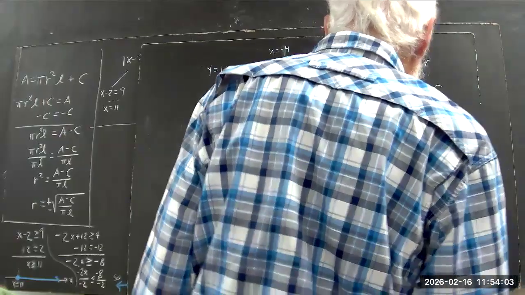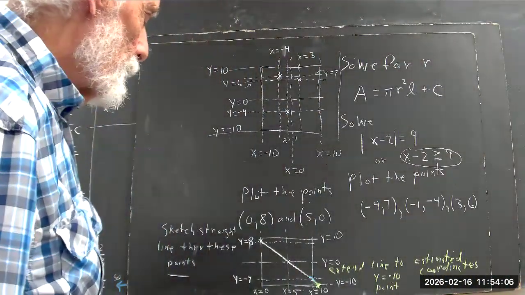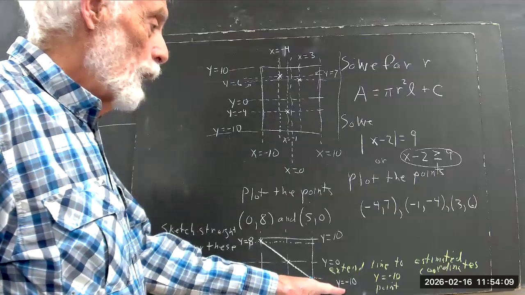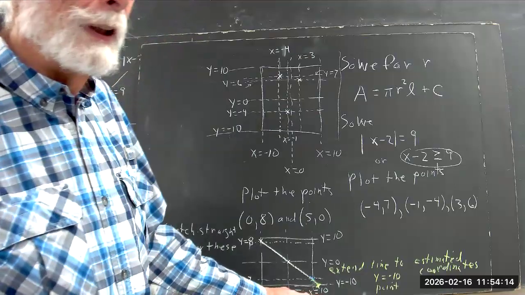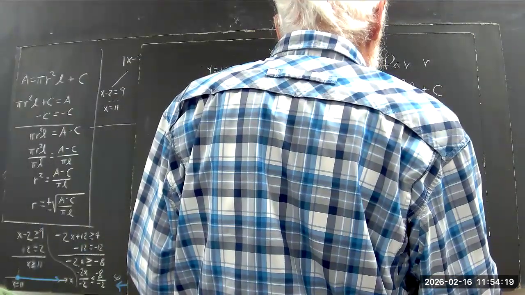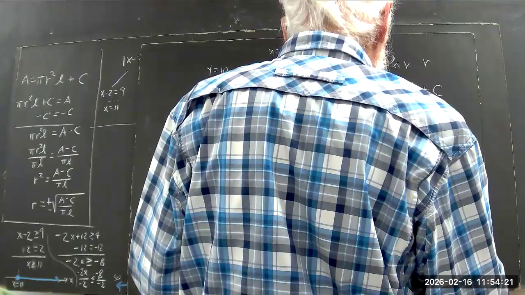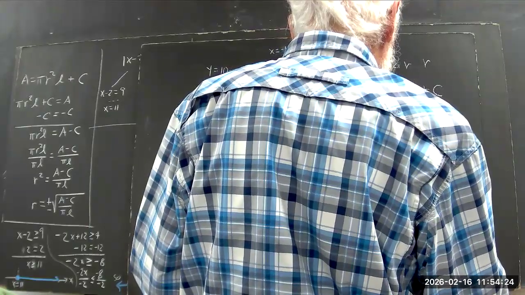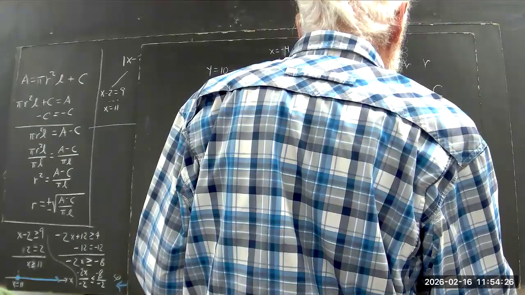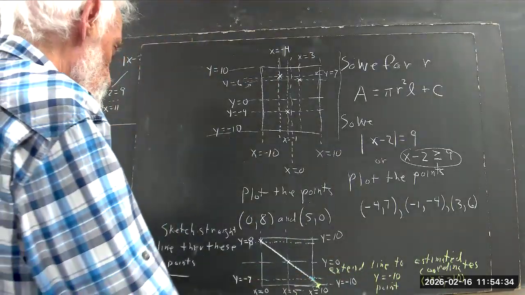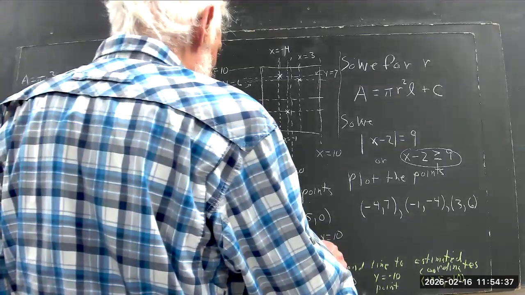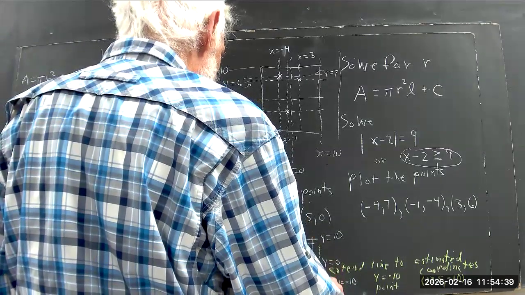The estimated coordinates of that point, well, we know that y equals -10, and we know that x is 2 or 3 more than 10. So let's just say x is about 12.5 there. Now, a little more emphasis, I'm going to sketch a little vertical line here.